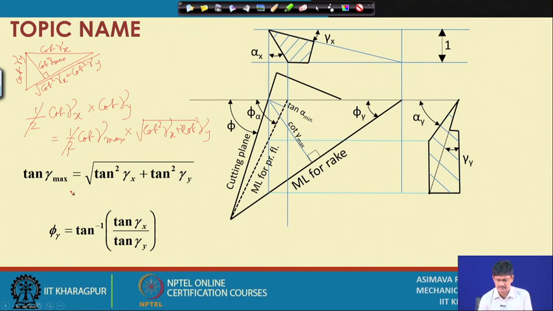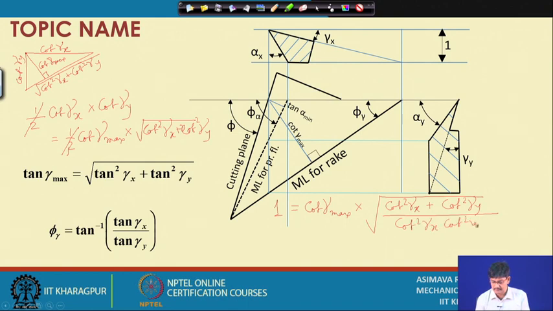I will do it here. Here we have some space. So, we have cot gamma max into root over cot square gamma x plus cot square gamma y divided by cot square gamma x cot square gamma y equal to 1.